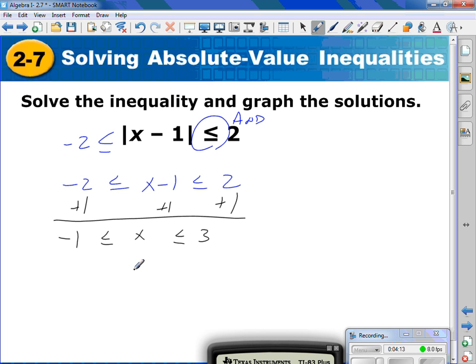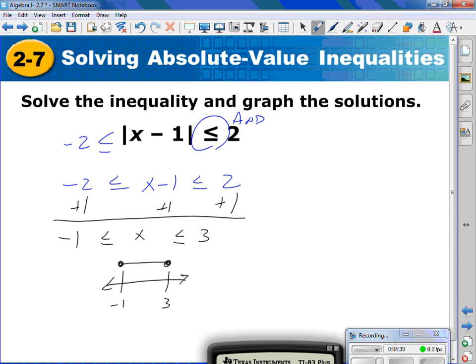On a number line, negative 1, 3. Open or closed? Closed. Open or closed? Closed. There I go. They connect.